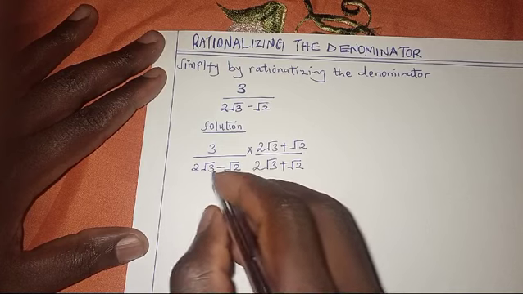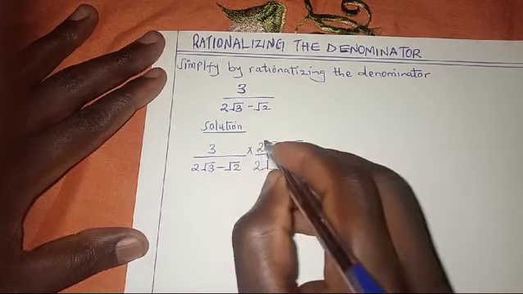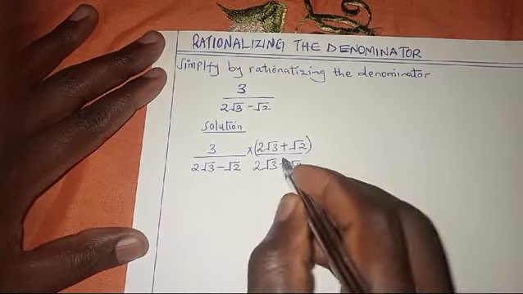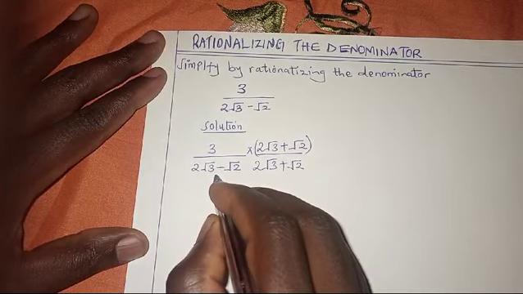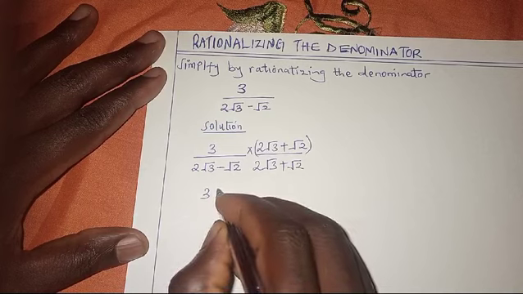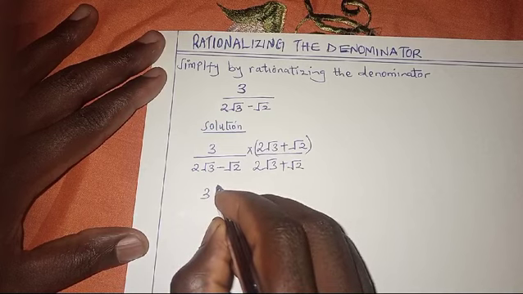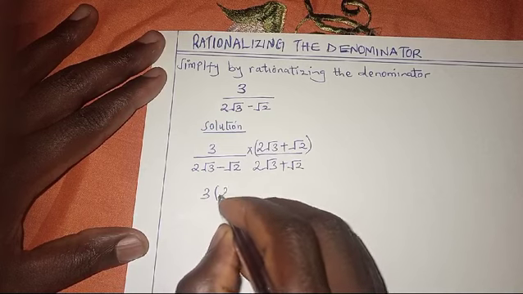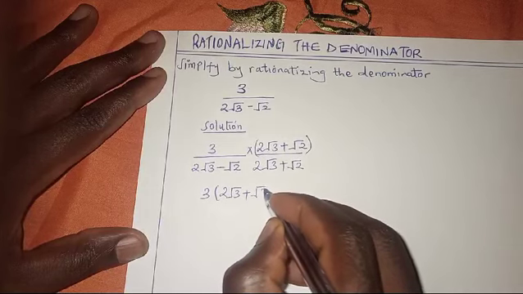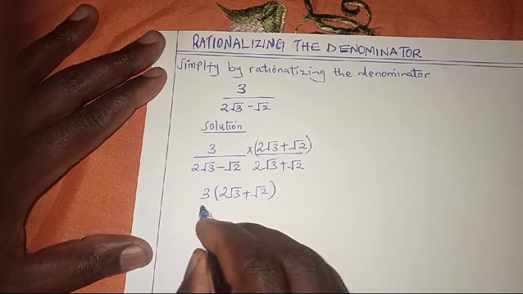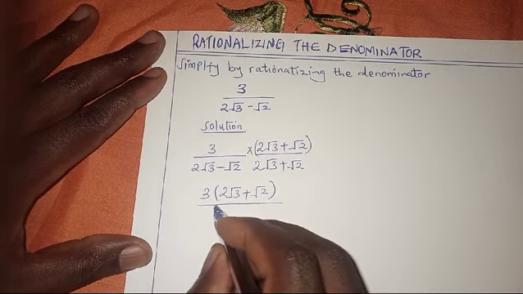The 3 we have here, we are going to multiply with everything on the other hand. So we have 3 multiplied by the bracket 2 Surd 3 plus Surd 2, and then on the denominator part, we do the same.